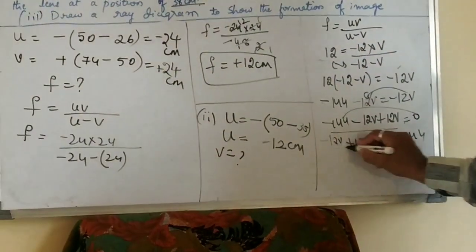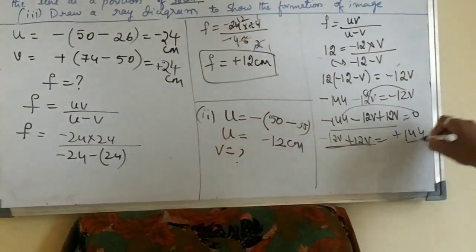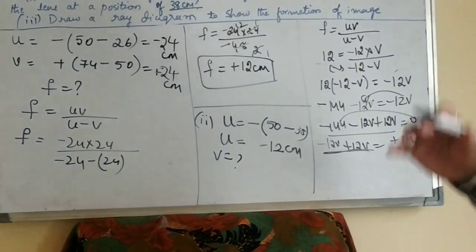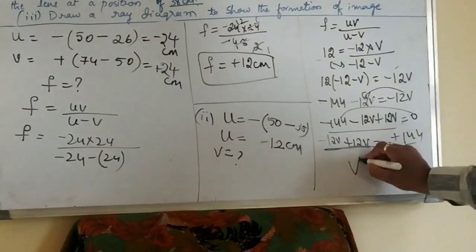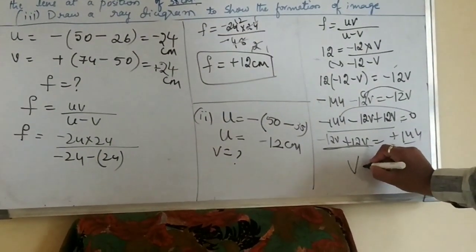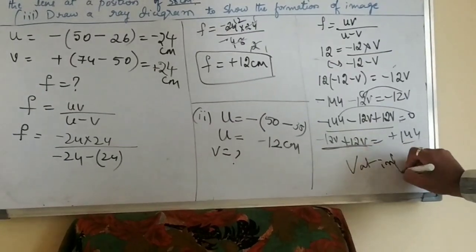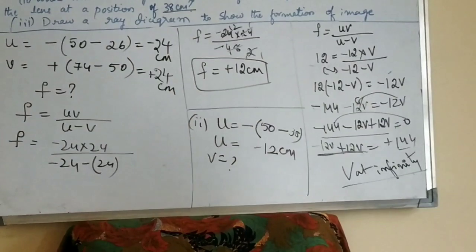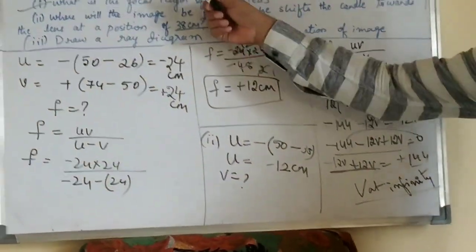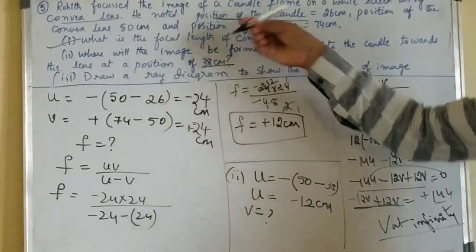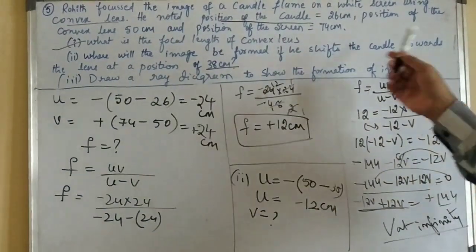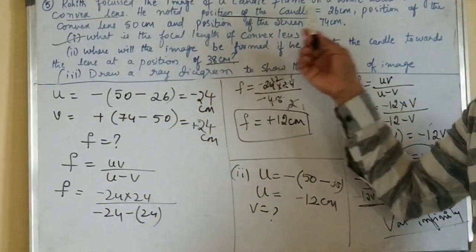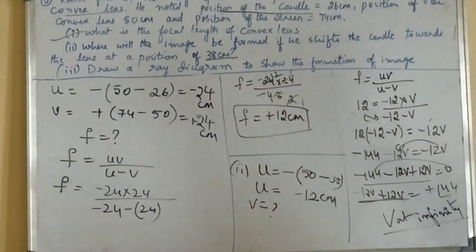Now here the v value is getting 0, which means the image is not at 0. Here the image is formed at infinity. Why? Because anywhere the object is placed, whether it is at 26 centimeter or at 36 centimeter, obviously you have to get the image.